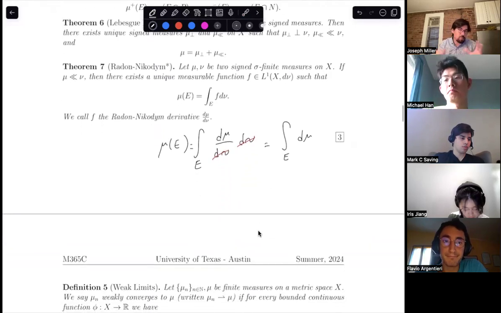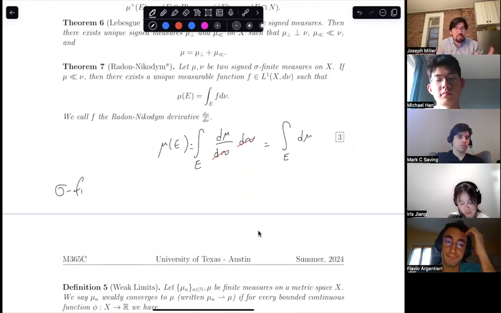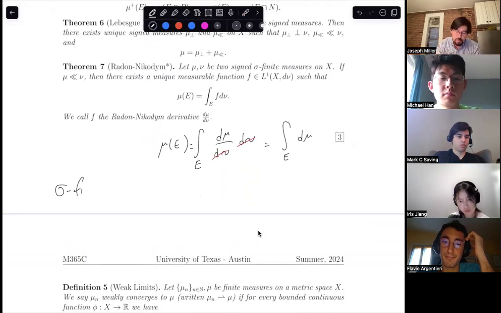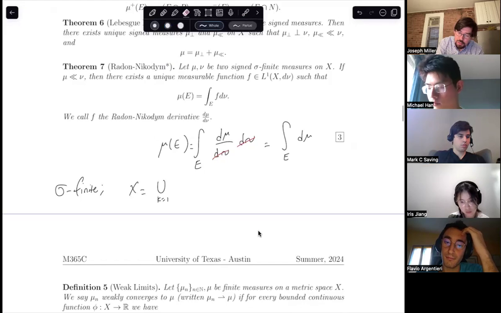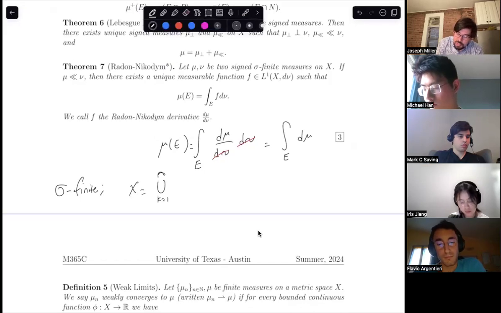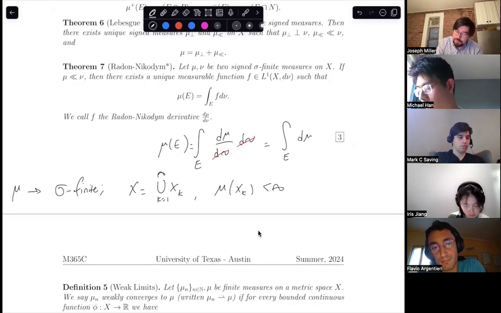Sigma finite tells me in a particular way how I can patch from a finite measure to an infinite measure space. X can be written as an increasing union, without loss of generality, of sets X_k, where mu of X_k is finite. For example, R is sigma finite.